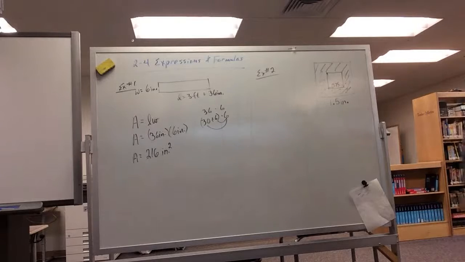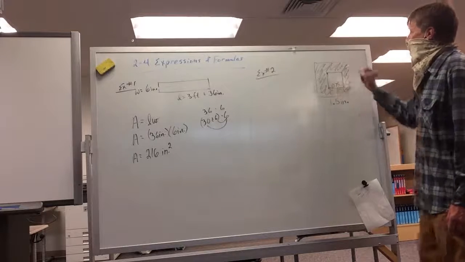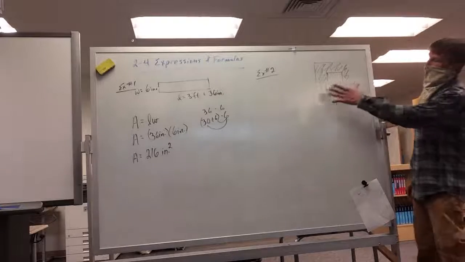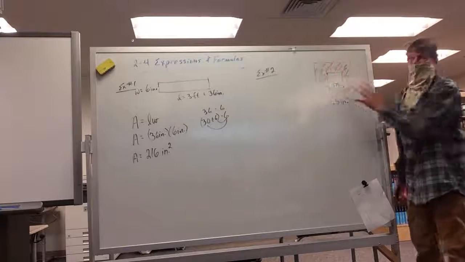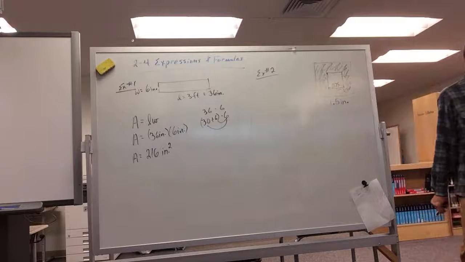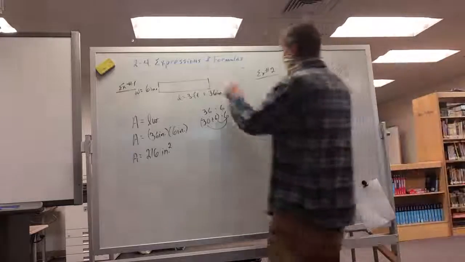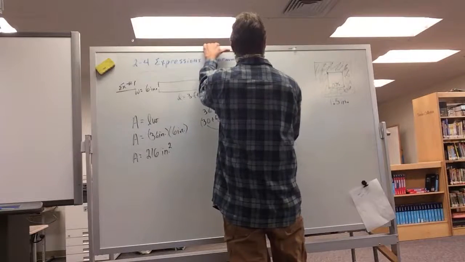What they're saying is that the area of the shaded region on the outside is going to be like taking the largest square and subtracting the smaller square, which is in the middle. Kind of makes sense. So they write the formula like this.